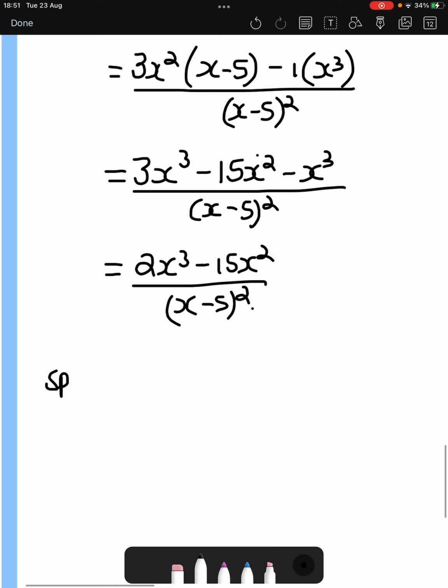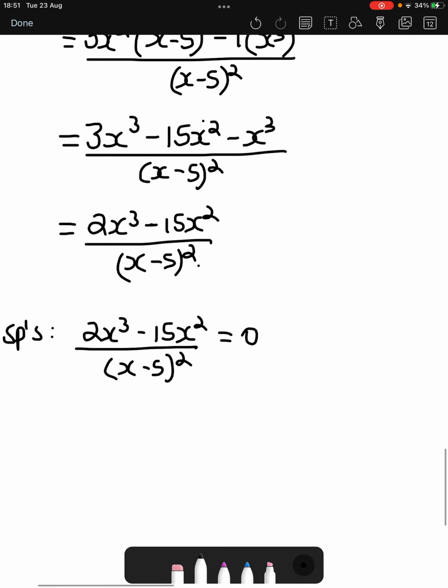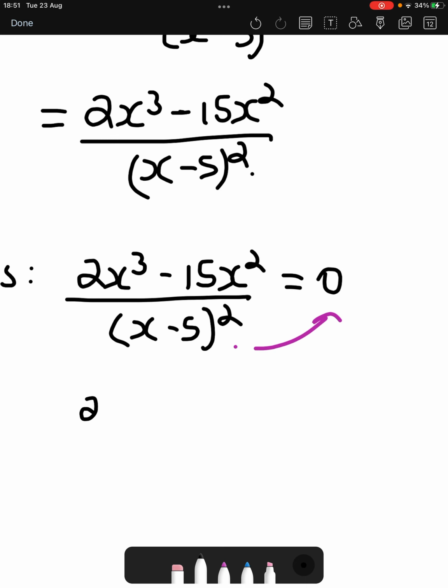So for stationary points, 2x cubed minus 15x squared over that is 0. Now, we need to work with this, obviously. If you think about it, you bring up that function on the bottom. It's just going to times by 0, so it disappears. So whenever you've got a fraction, the denominator will disappear if it equals 0.